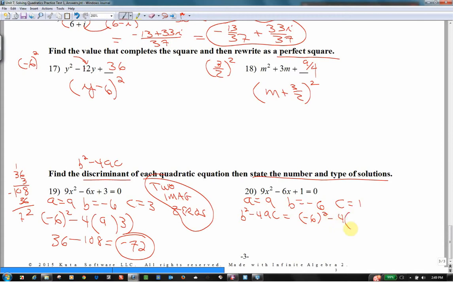So that's going to be equal to 36 minus 36. So I have a 0 for the discriminant. If the discriminant is 0, I have one real solution. So two answers. And we're done.